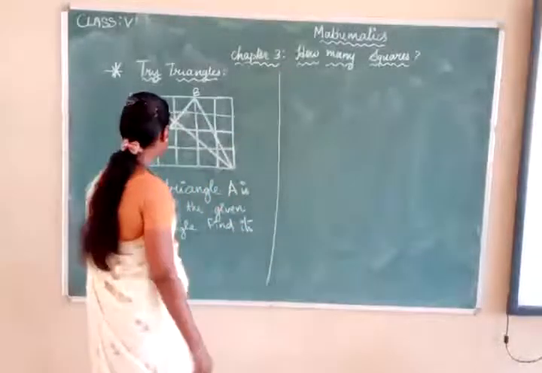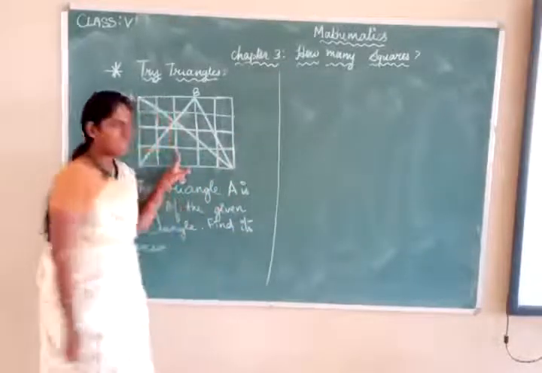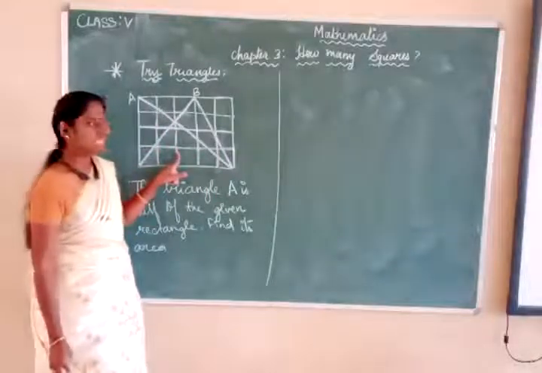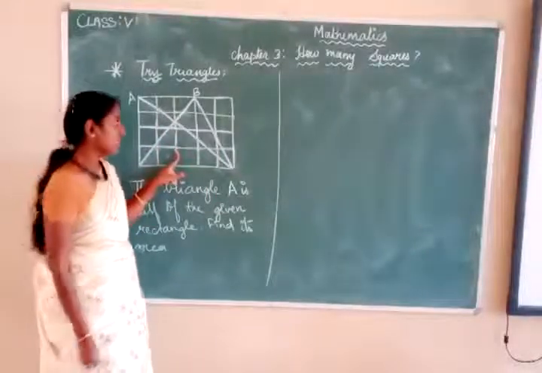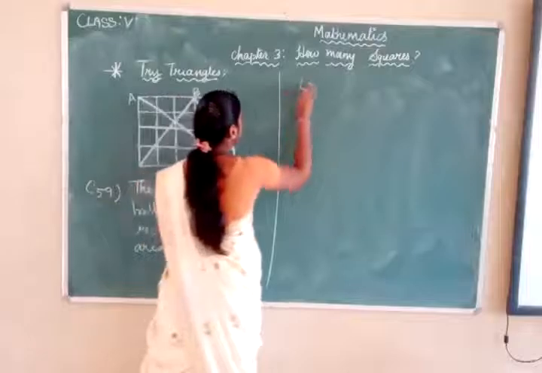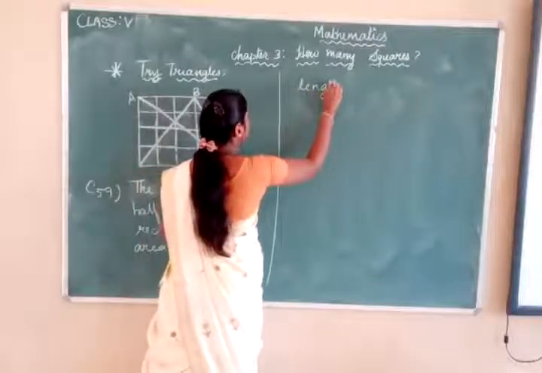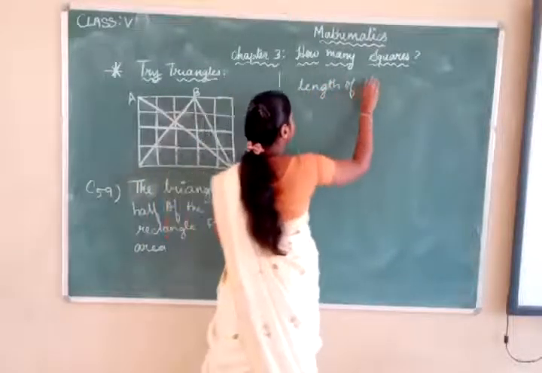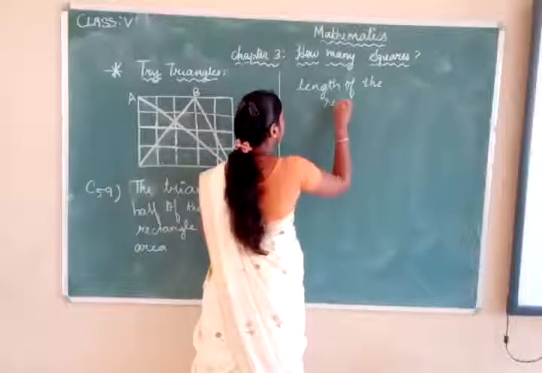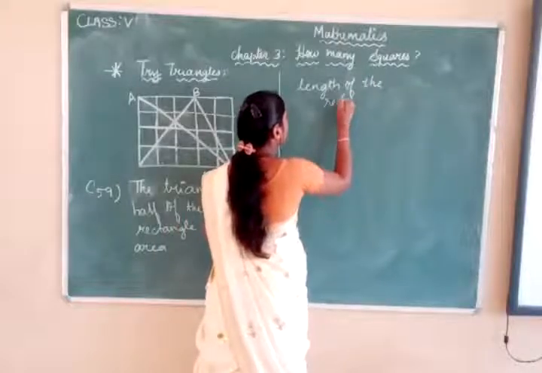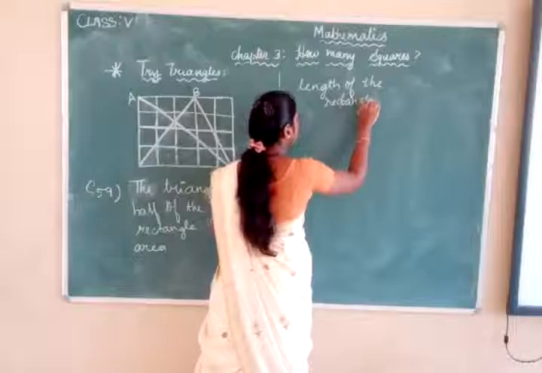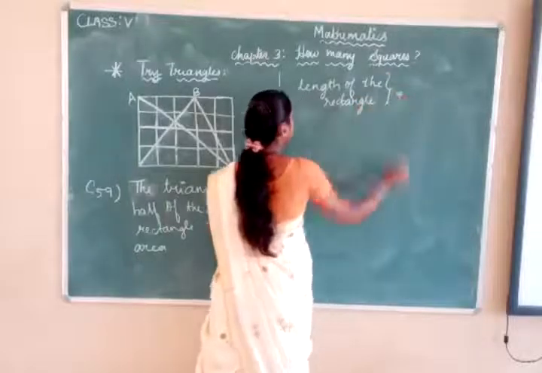Look here. First we have to find the area of the rectangle. So it is easy for us to find the area of the rectangle, right? Yes, because the length of the rectangle is the number of squares along its length.